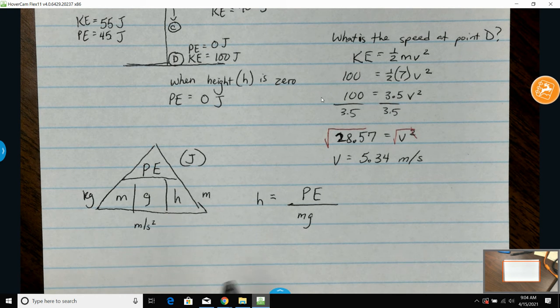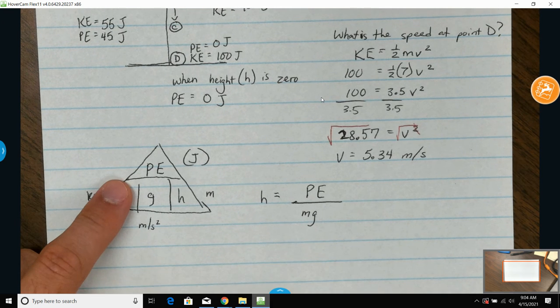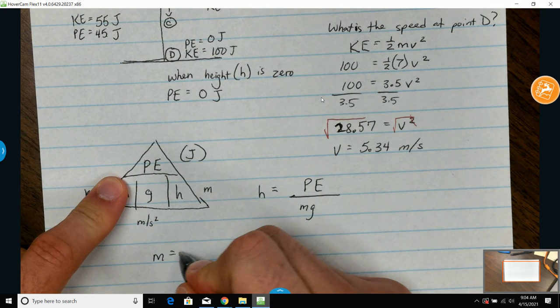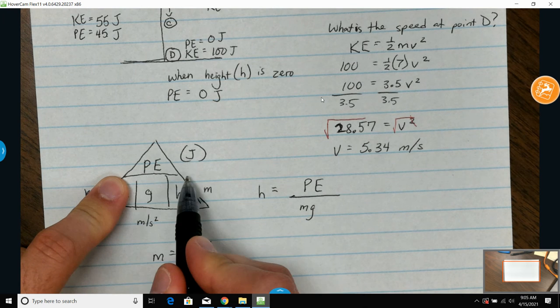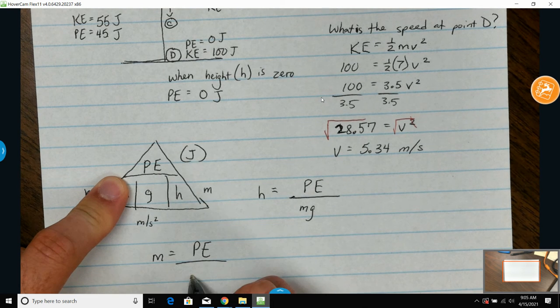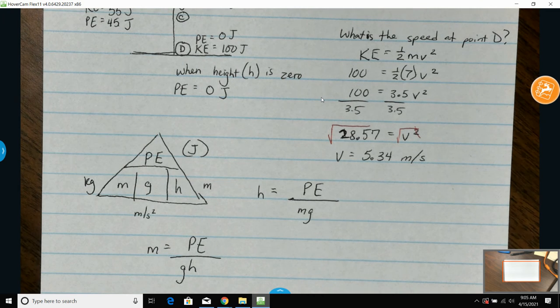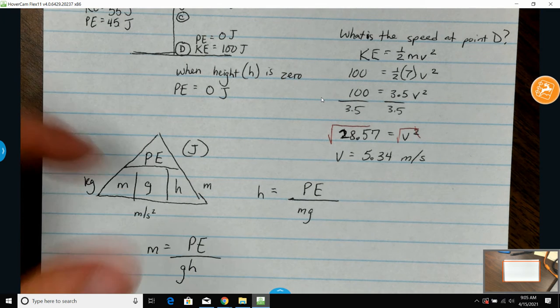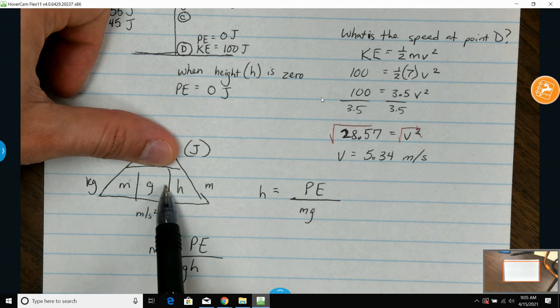Now, if you knew how high it is off the ground, and you knew the potential energy, and you wanted to know what the mass is, the mass would be potential energy divided by gravity times height. And if I wanted to know potential energy, if I cover that up, it's mass times gravity times height.